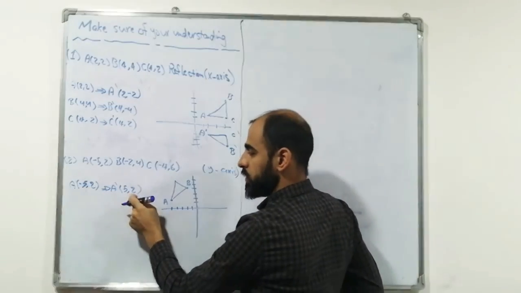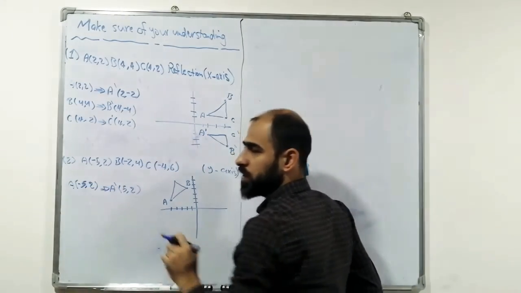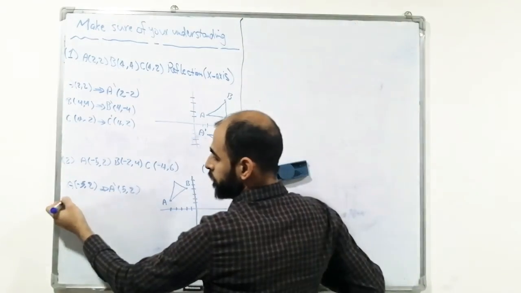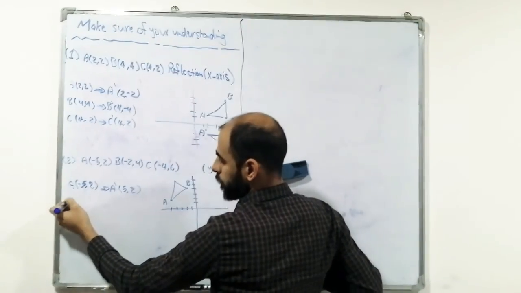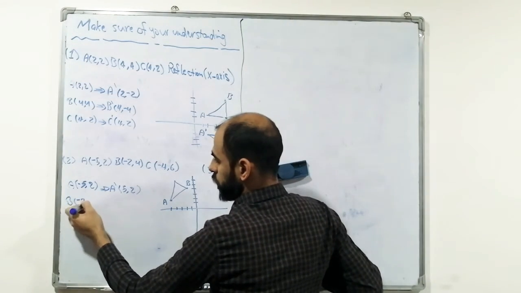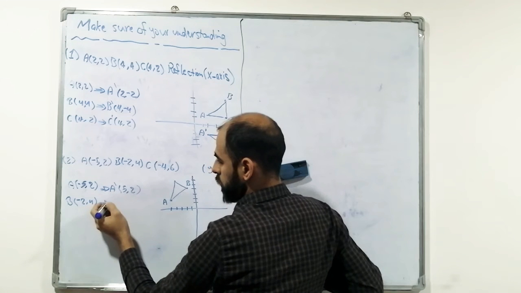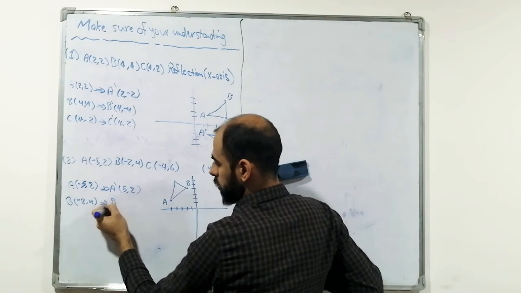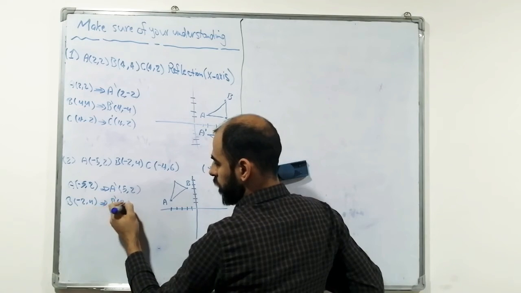The second part stays as itself, but the first part we have to change its sign because the reflection is with respect to y. B is (-2, 4), and B dash is (2, 4).